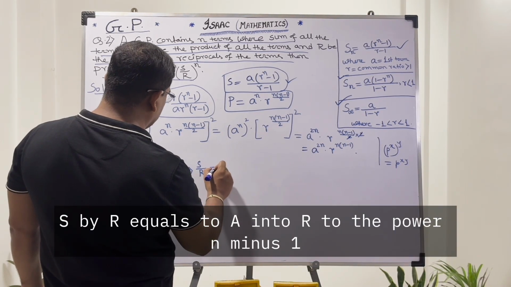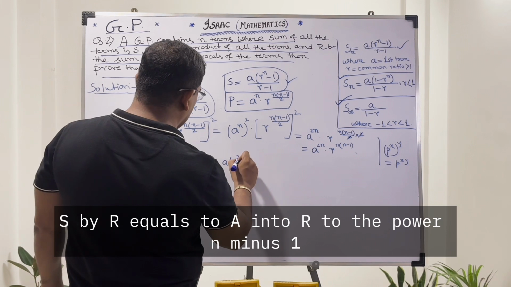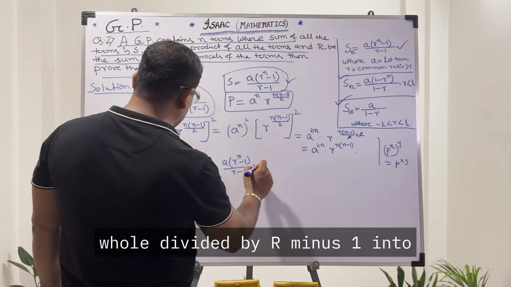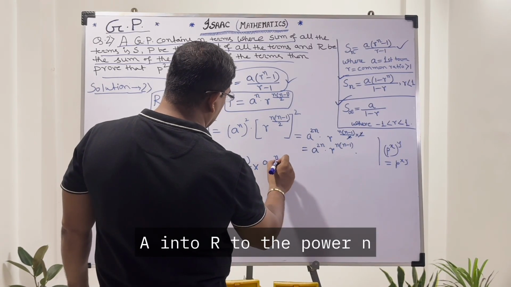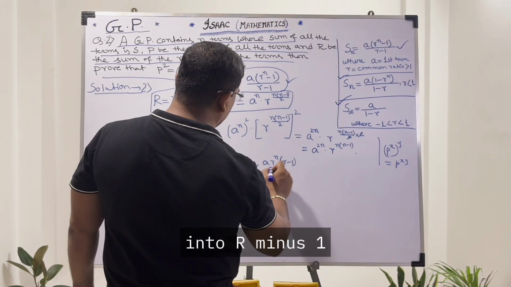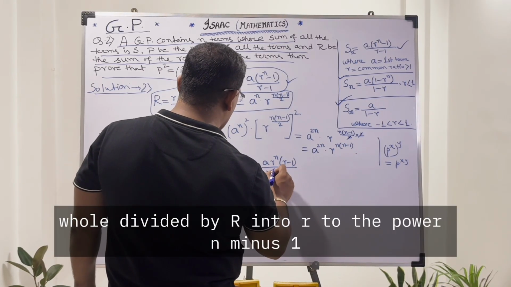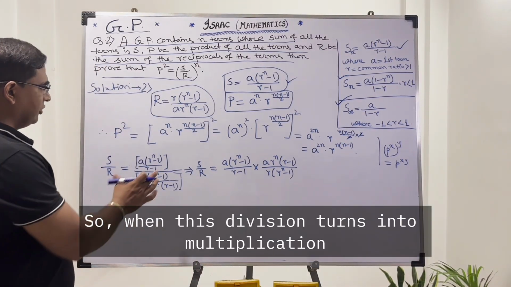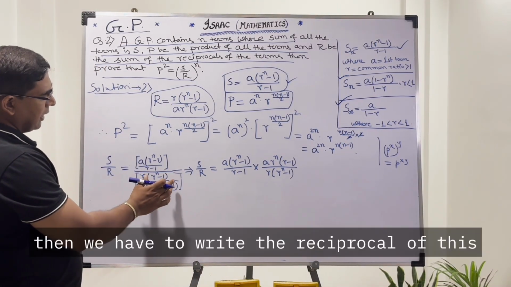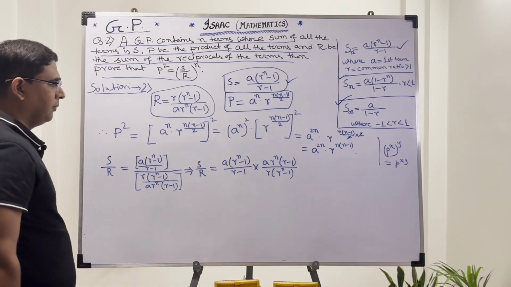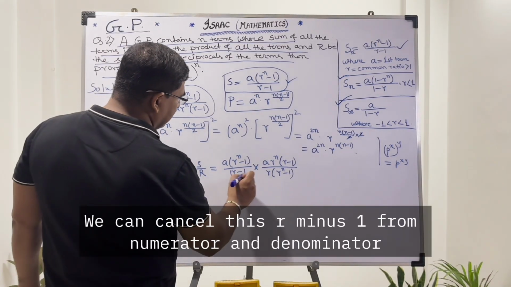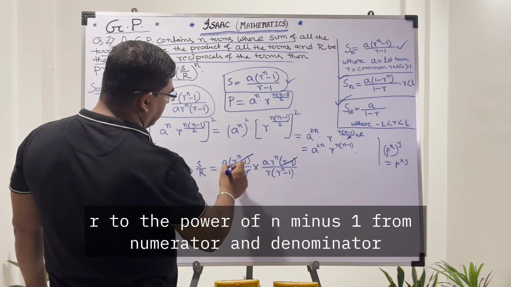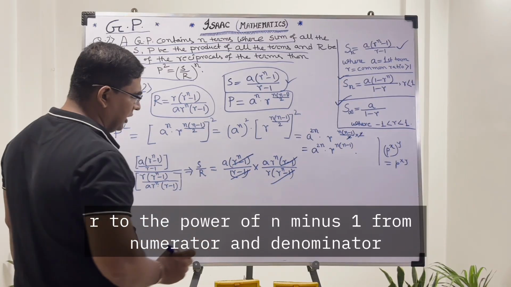So, S by R equals A into R to the power n minus 1 whole divided by R minus 1, into R into R to the power n minus 1 whole divided by A into R to the power n into R minus 1 whole. Okay. We can cancel this R minus 1 from numerator and denominator, then R to the power n minus 1 from numerator and denominator.